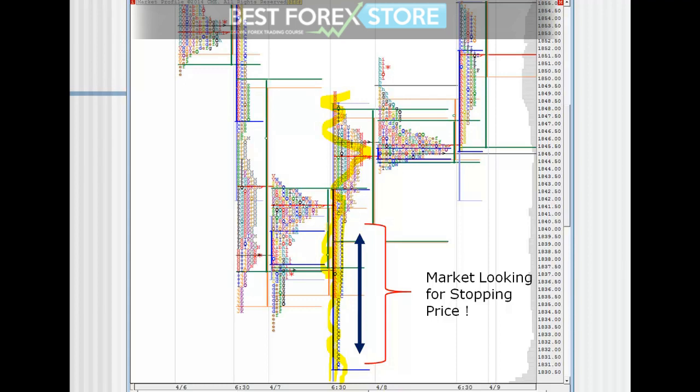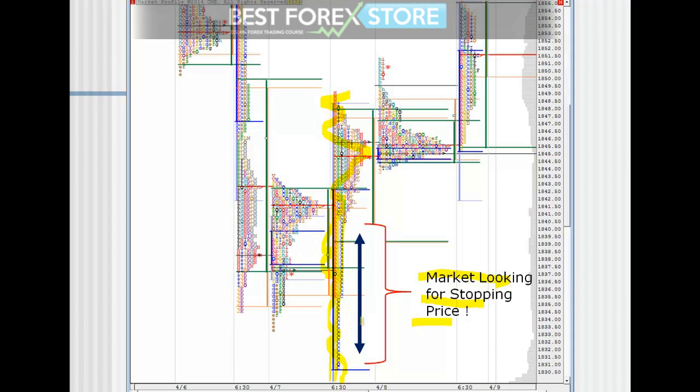So what's going on here during this first phase of the trading session? The market was looking for a stopping price. This is what the market was doing down here. It was rotating upwards and downwards. There was initially a strong buyer, and then the buyer met sellers in B period, which brought prices back below the open and below the low. Then the sellers in period B were met with buyers in period C that brought the prices back up higher.